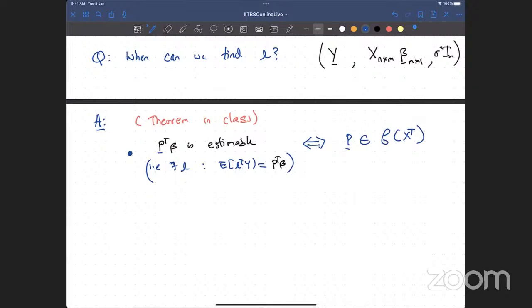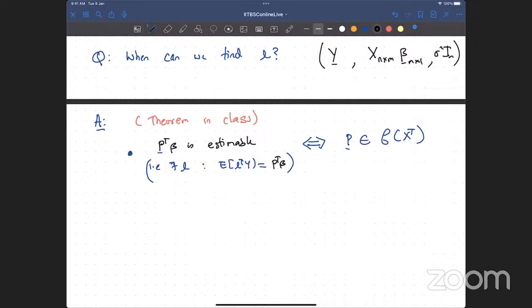Let's say you believe this answer. Check the proof in class. Let's say we believe the answer that P transpose beta is estimable only if the vector P is in the column space of X transpose. Now let me make this a little interactive.